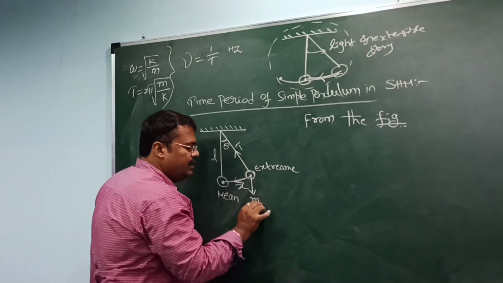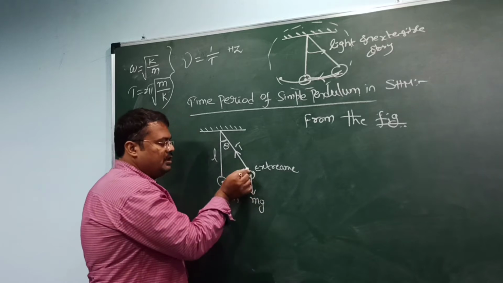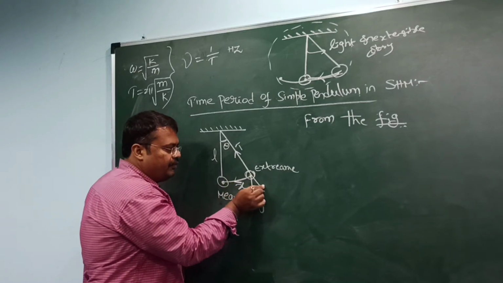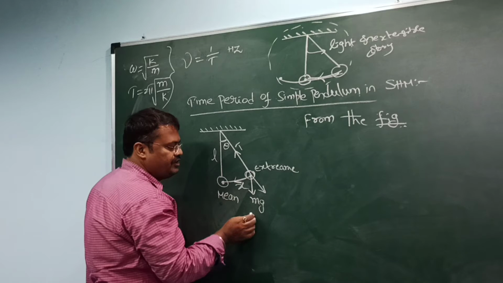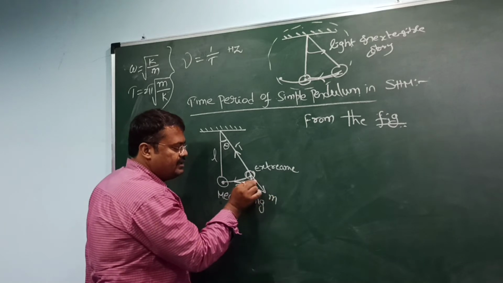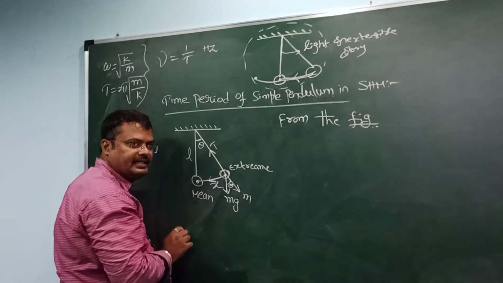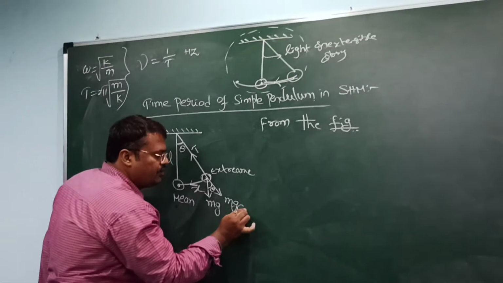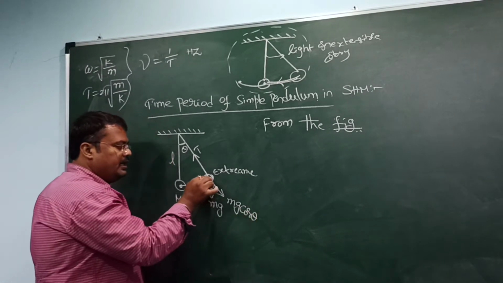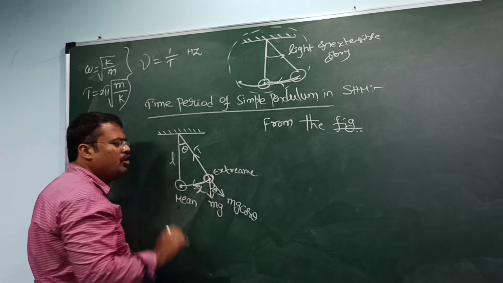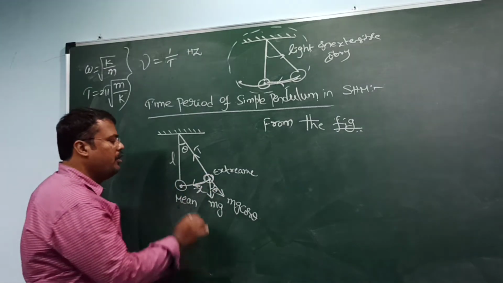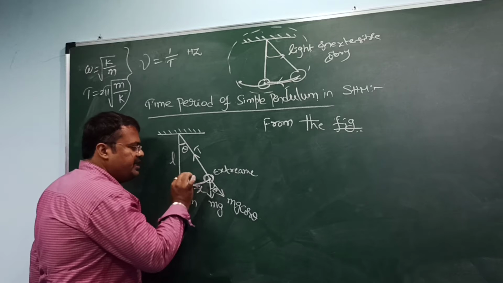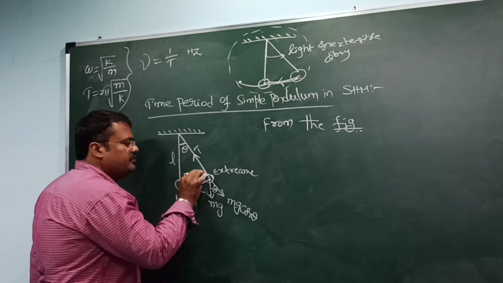This is the weight of the bob. Let us resolve the weight of the bob along the tension in the string. This is the angle theta, theta is very small here. This is mg cos theta, and another component of the weight of the bob is mg sin theta.